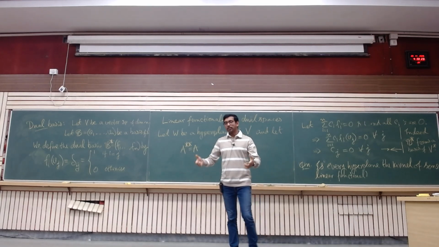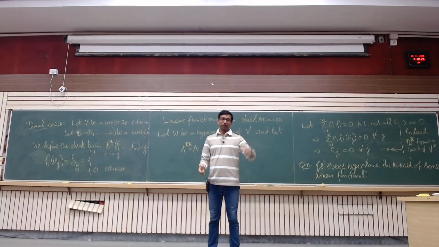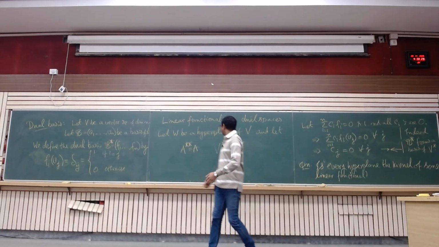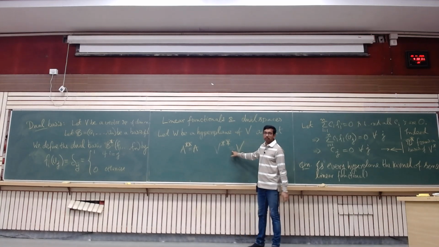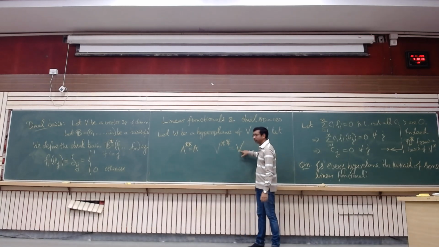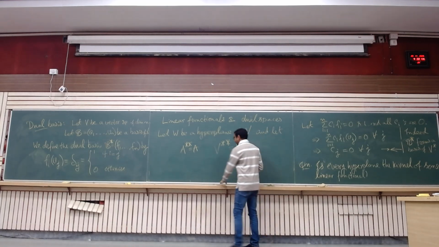And vector spaces of the same dimension are isomorphic. Just take a basis of this, send it to the basis of the other one. But this isomorphism doesn't depend on the basis. So for each element of V, we have a natural association with an element in V double dual. Okay. That's why we write equal here. We'll see this soon.